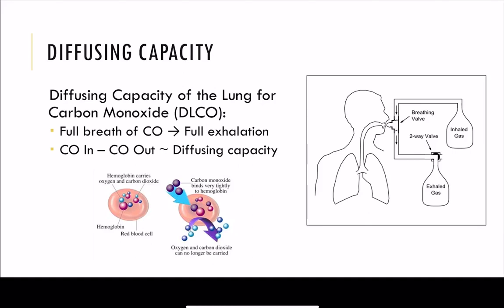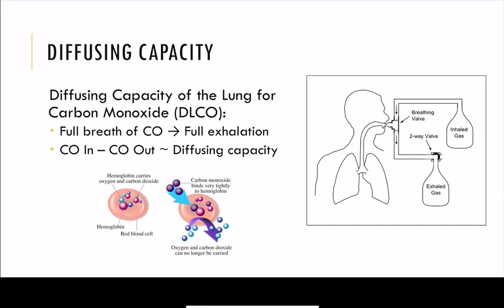So you can exploit this and actually measure the diffusion capacity by having the patient breathe out and then take as big a breath in as possible from a tank that has carbon monoxide. Hold your breath for a split second and then exhale all the air out so that almost no air is left in your lungs.